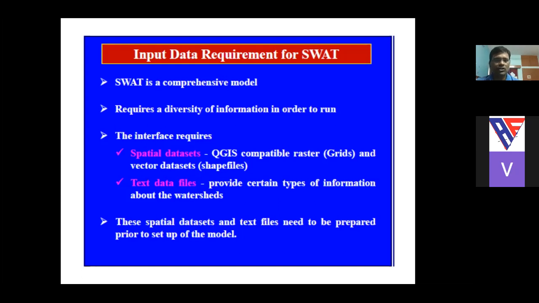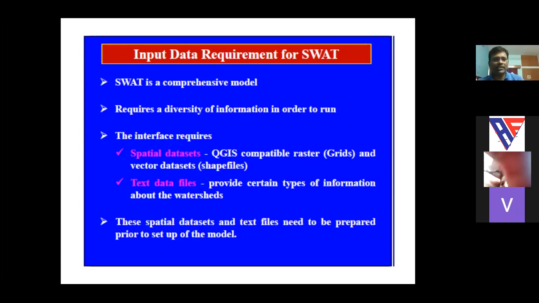What are the spatial data sets we require? We require QGIS compatible raster data sets as well as vector data sets. We need land use land cover and soil information, in terms of grid and shapefile format, as well as digital elevation models.